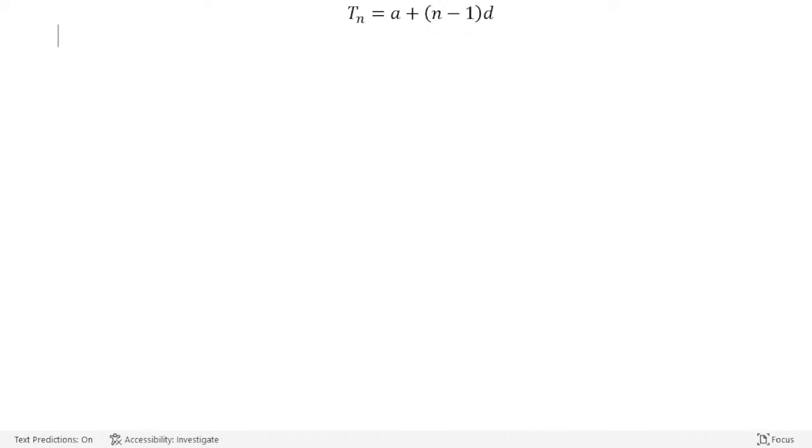Remember, we are given the value of Tn. The value of Tn is 10. So Tn is equal to 10. You are given.